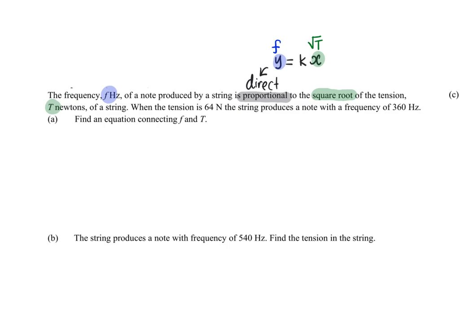So to solve part A, find an equation connecting f and t. Well, step 1, we have successfully applied it to the direct proportion equation. Color code it.